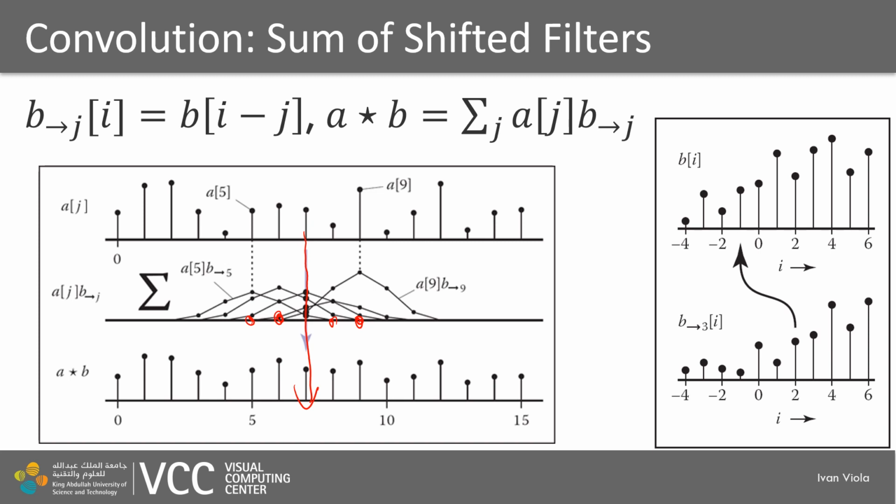So, for example, A5 will be the top of our filter kernel placed on that position, and A6 will be the top of this filter kernel. They are all the time the same filter kernel, just a scaled version of it.